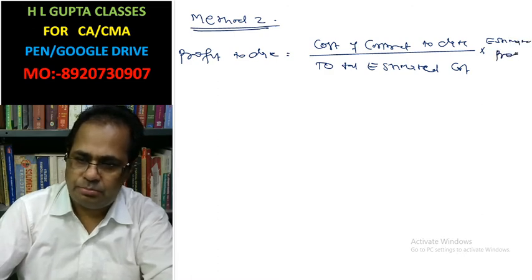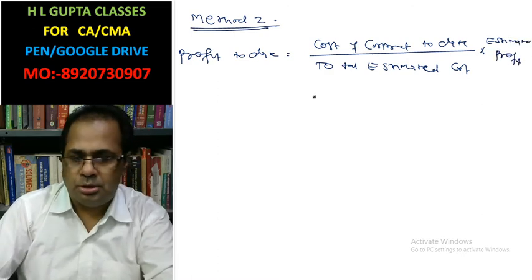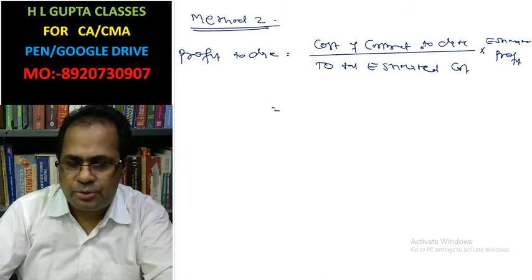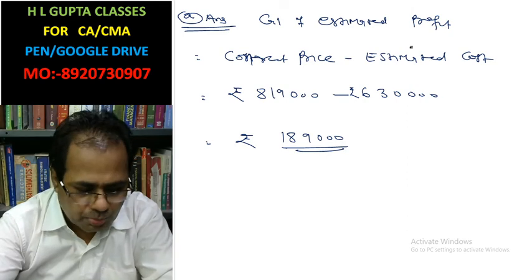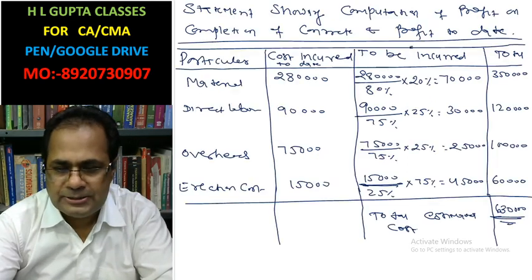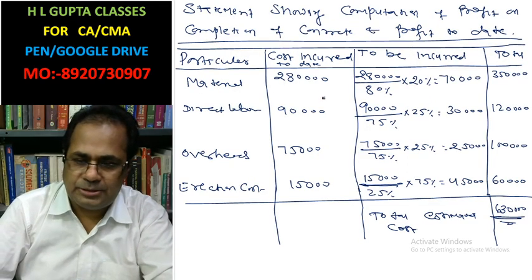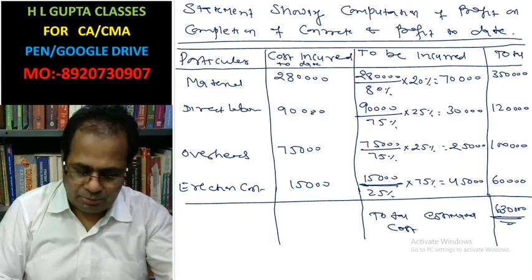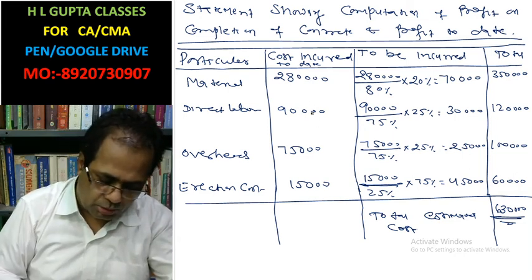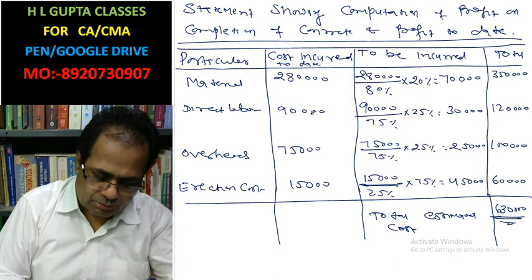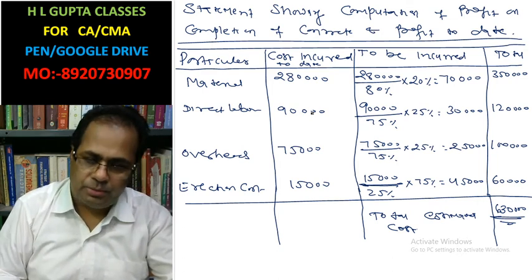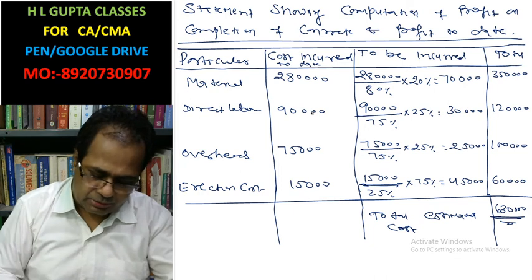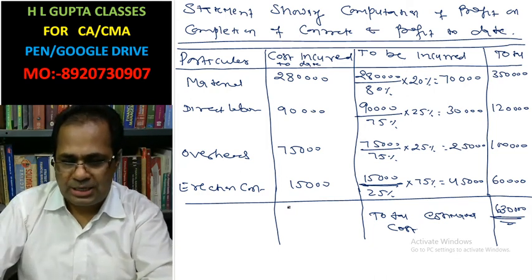The cost of contract to date is 2,80,000 plus 90,000 plus 75,000 plus 15,000, which is 4,60,000.